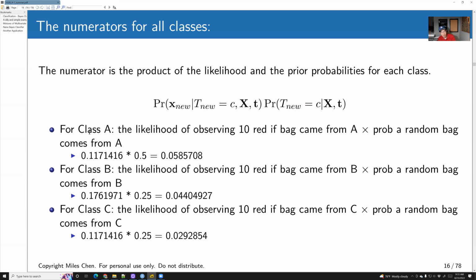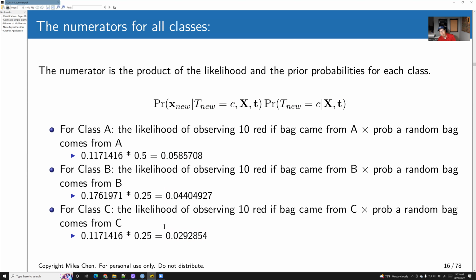What's the likelihood times the prior for class A? For class B? For class C? If we understand where the likelihood numbers are coming from, which in our case we use the binomial, and where the prior probabilities are coming from, which are just the proportions, we multiply those two together and we get these numbers. These are the numerators.